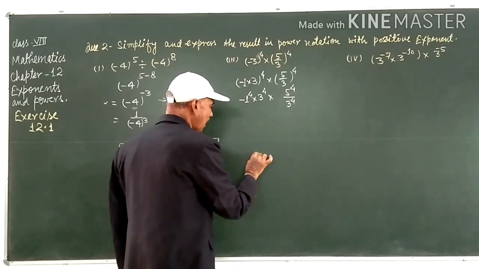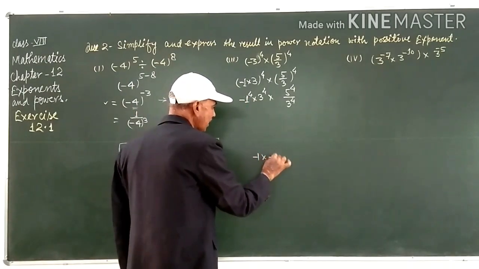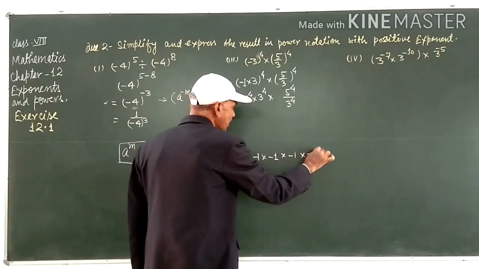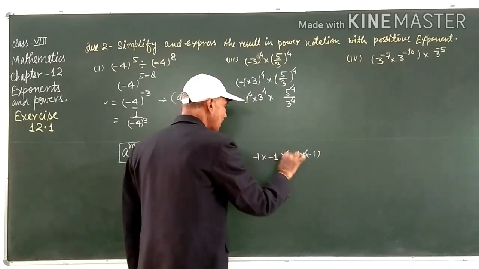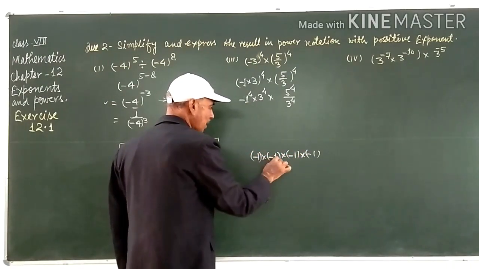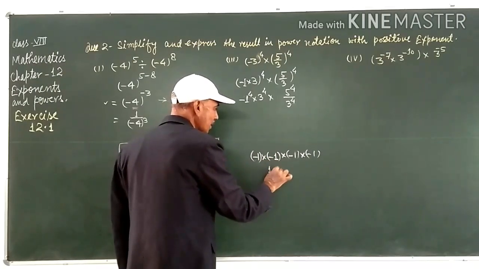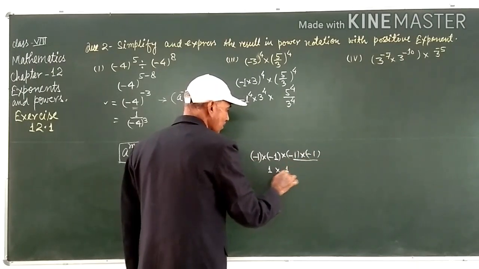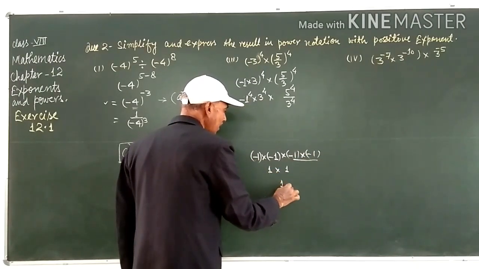Suppose -1 into -1 into -1 into -1. Students, we have to multiply -1 4 times. So it will be minus into minus, that will be +1, into again this one minus into minus, it will be +1. 1 into 1, that will be 1.